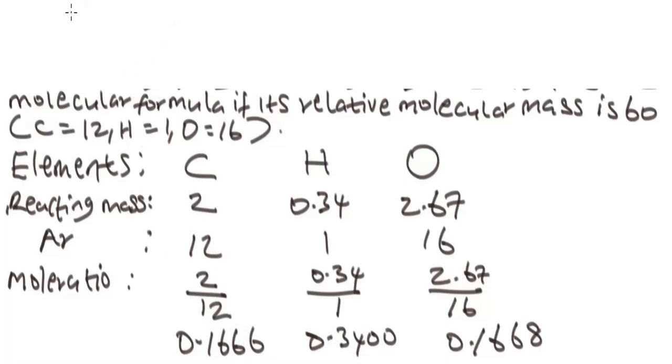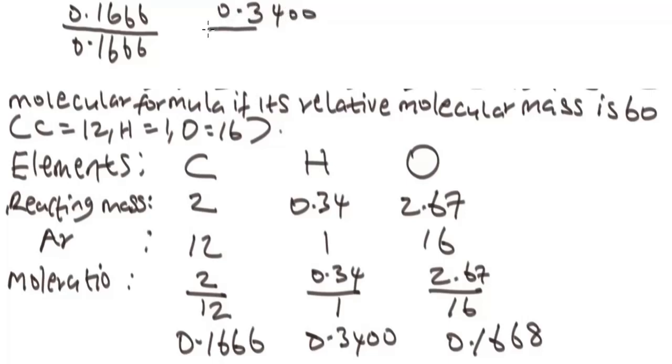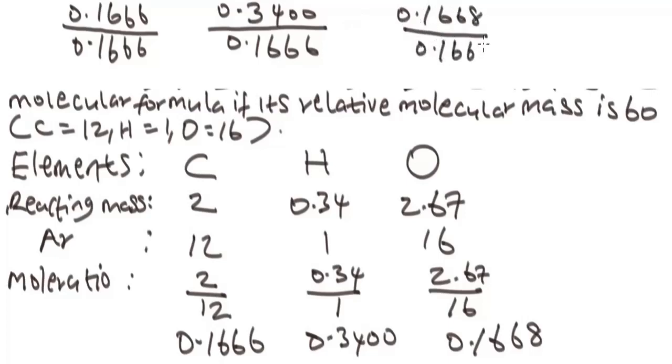That gives 0.1666 over 0.1666, then 0.3400 over 0.1666, then 0.1668 over 0.1666.